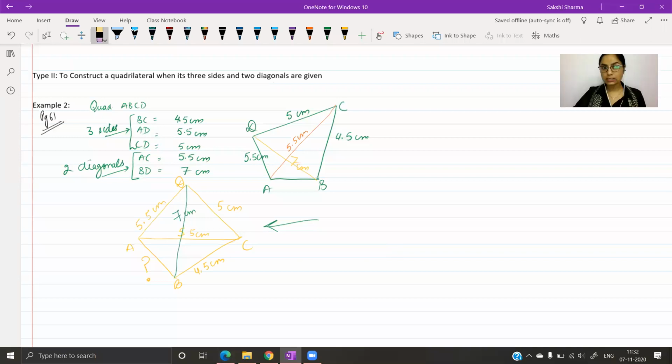So keeping this rough sketch in mind, I will first of all start with this horizontal line segment AC, 5.5 centimeters.